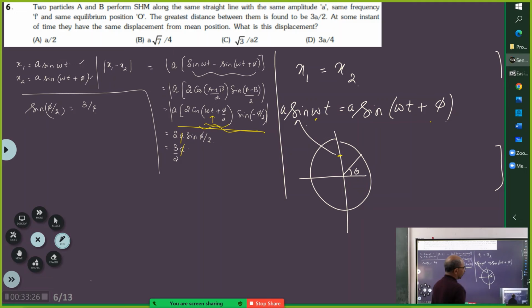Correct? And this should be equal to a sine omega t plus phi. So when we had some situation where the displacements were the same, then these two angles were the same. Correct? Instead of theta, we have got this value.